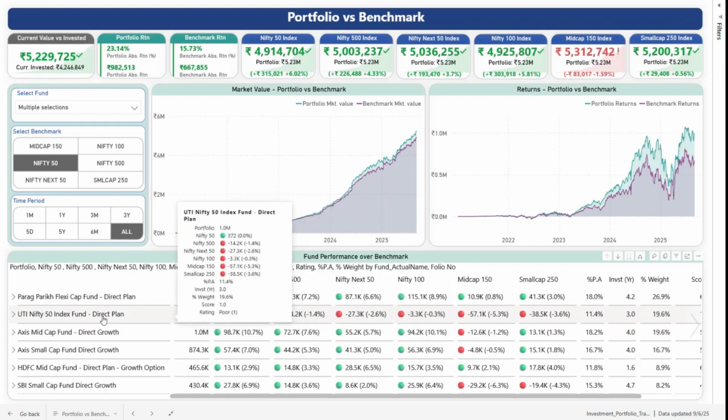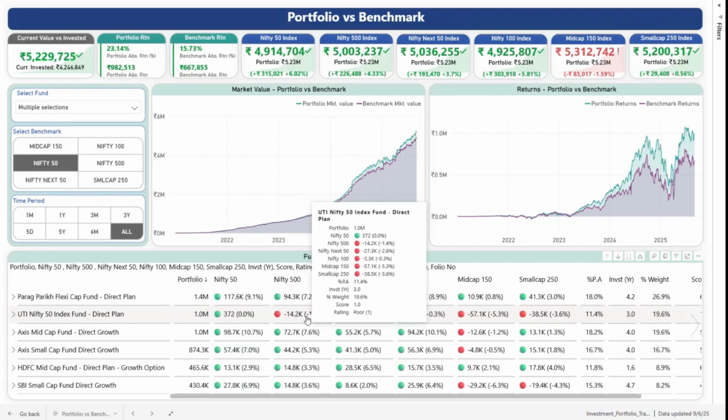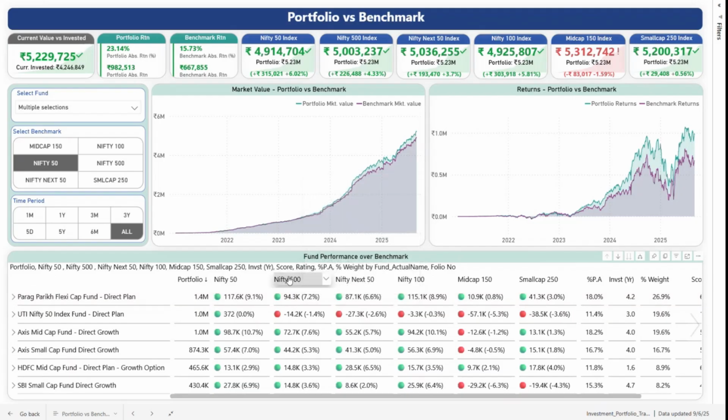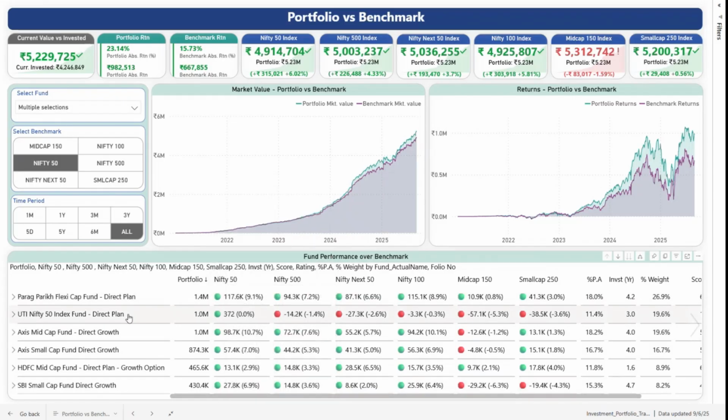So basically, because of investing in the Nifty 50 index fund, I have lost 14,000 because I have not invested in the Nifty 500 index fund. That is what it's trying to tell you. So if you see the green line, it means this fund is able to beat this index fund.